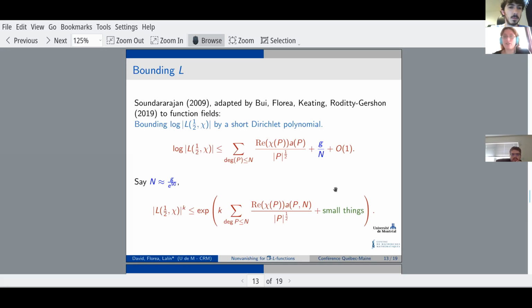So at the end of the day, we're going to take N to be G over the exponential of 90, to give you an idea. And so this is a bound for the log of L, but what we want to compute is the bound for L, really. And so you have to take the exponential. So when you take the exponential, it looks like you lose again, because your finite sum becomes an infinite sum again.